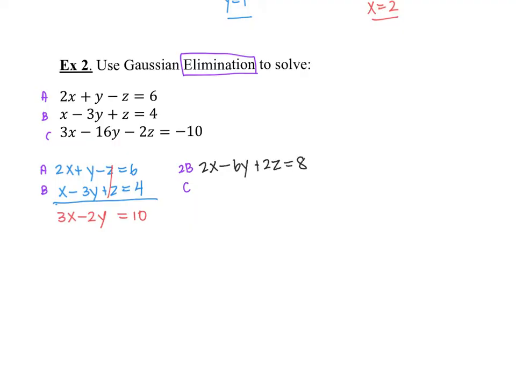Then I'm going to copy equation C, and then I should be able to cancel my z's. So 5x minus 22y, the z's cancel, equals negative 2.